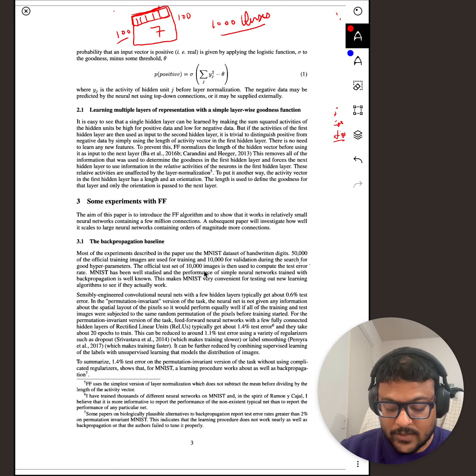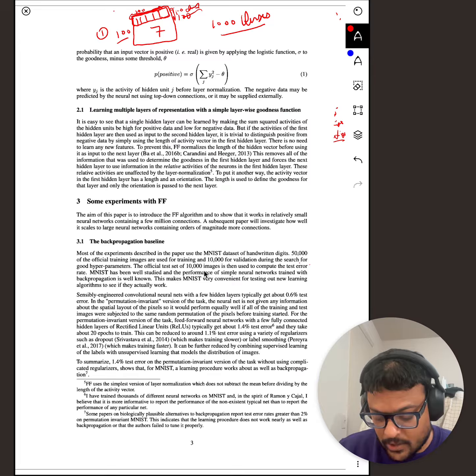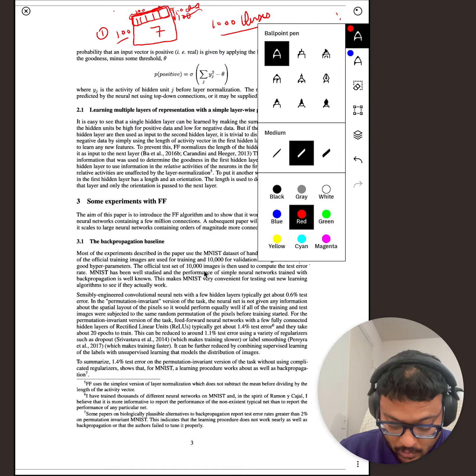Because the width is only 100 and the classes are 1000, so you will need at least 10 rows to inject the class-specific information, and it is somehow very weird, and it looks like a bit of patchwork which I am not happy about.